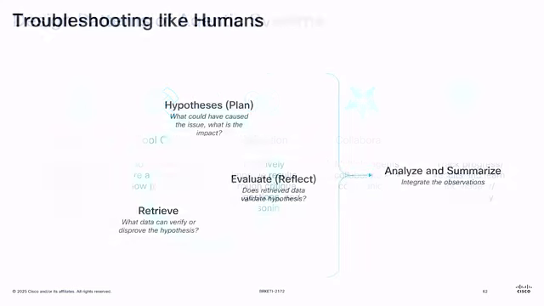So how do humans troubleshoot? We form a hypothesis or a set of hypotheses. Is it the network? Is it the server? So we're creating a kind of an intuition and a plan. And what do you do next? You're going to try to find information in your backend systems for your hypothesis. If you think it's a network issue, then I'm going to drill a little deeper and see, can I find something in the logs?